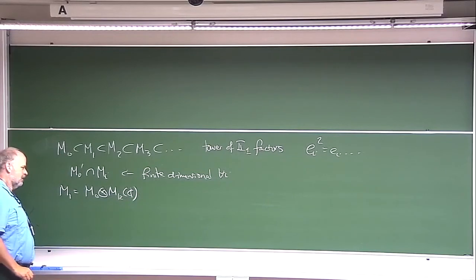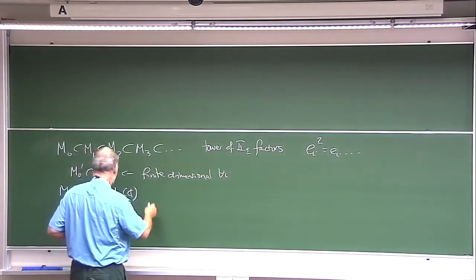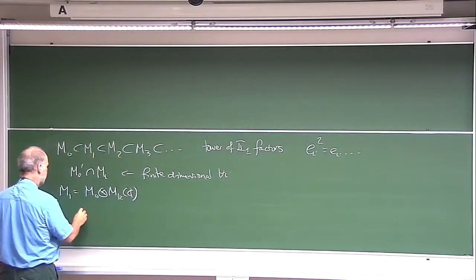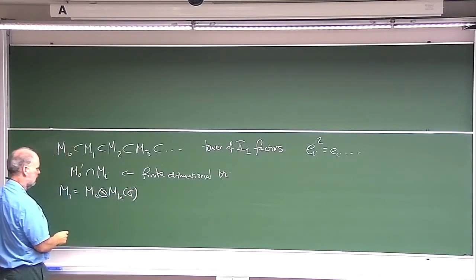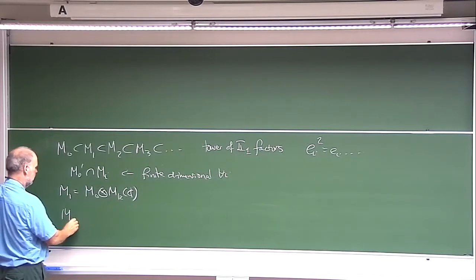Okay? So then if you analyze this basic construction, this tower, it is quite easy to do, and you find that at each step you're just tensoring on by the k by k matrices. It's sort of induction would get you there.